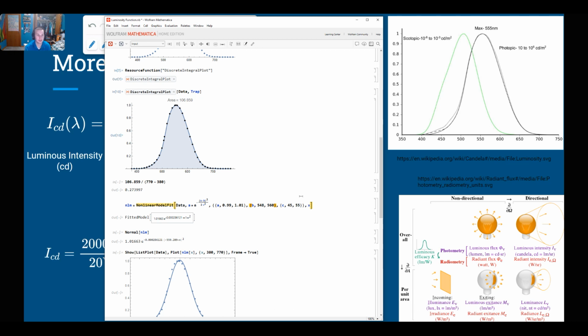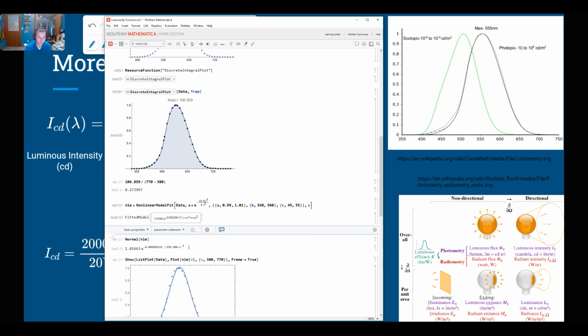So we'll see if that changes it a little bit. And then C, the standard deviation, I was kind of guessing: how far away from 550 is a third of my data, or two thirds of my data? If we're going all the way down to here, that's probably about 3 standard deviations, so that's about 150. So about 50 for the standard deviation seemed reasonable to me. And then we're fitting to the variable x.